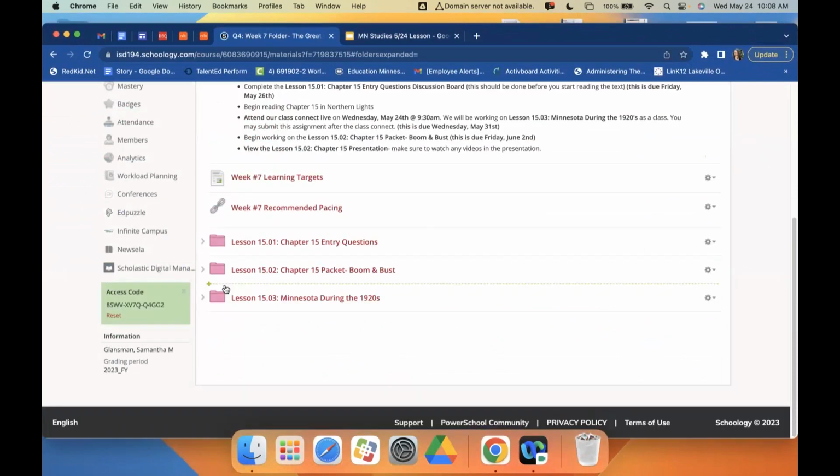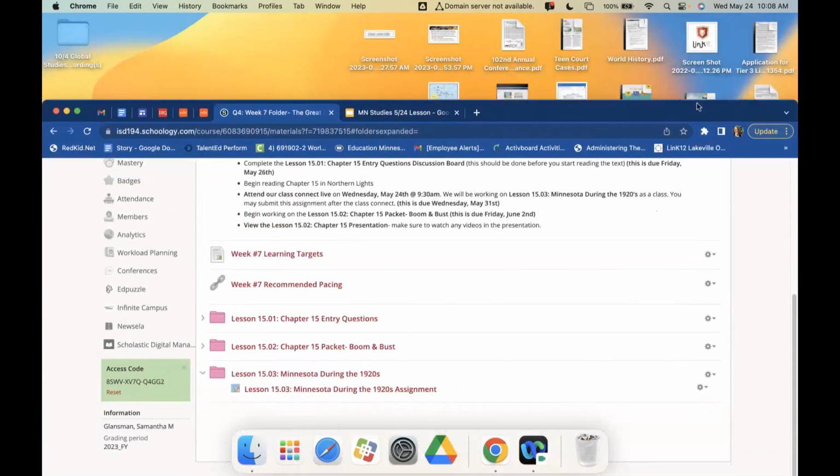Okay, so it should now be there. You go down to our Minnesota Studies page, and then you go down to the last folder, so this week, and then you're looking for the Minnesota during the 1920s assignment. Let me know when you two are there and ready to go.